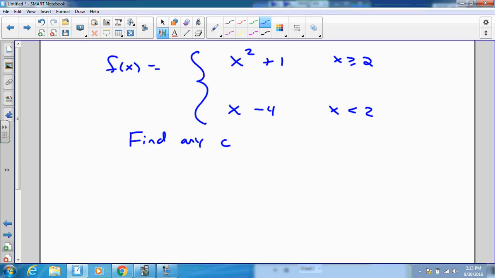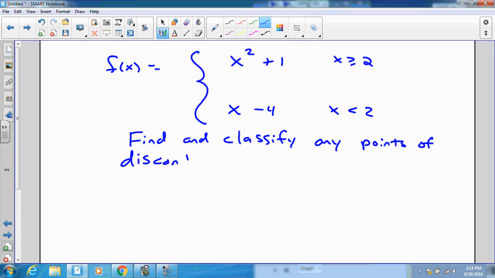And the problem it might present is: find and classify any points of discontinuity. And we're going to think of this in 3 parts.